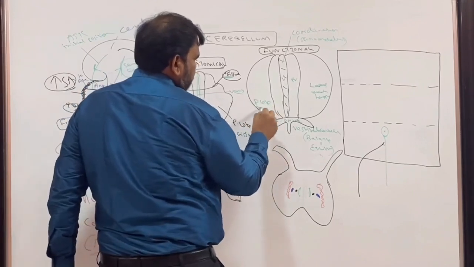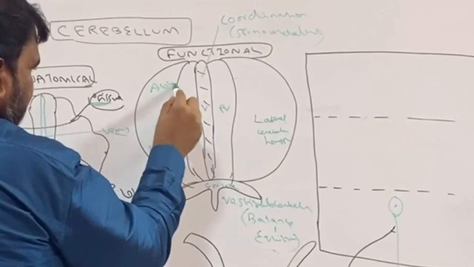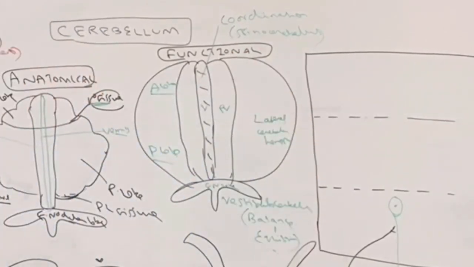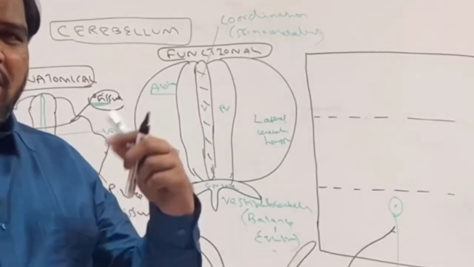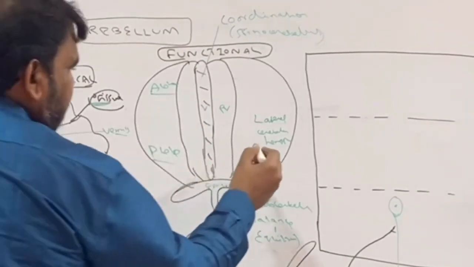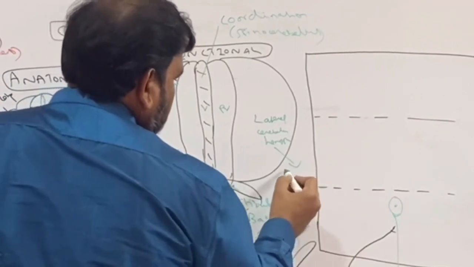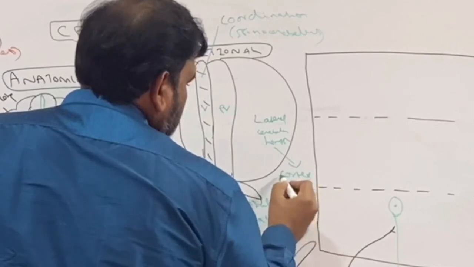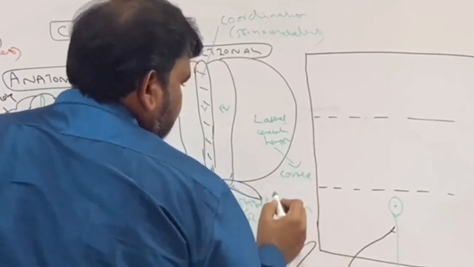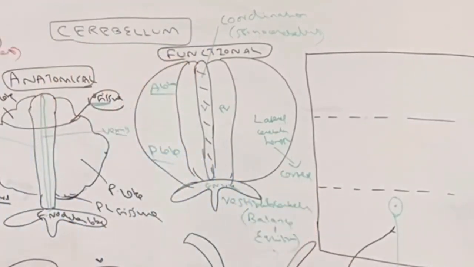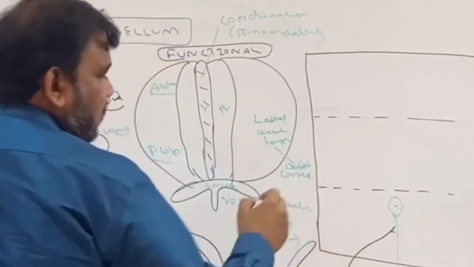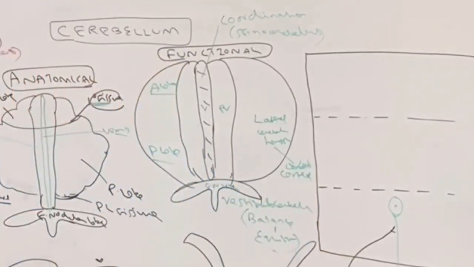If you divide it anatomically, there is the posterior lobe and anterior lobe, but functionally, I am telling the functional division, the lateral cerebellar hemispheres are concerned with association with the cerebral cortex.